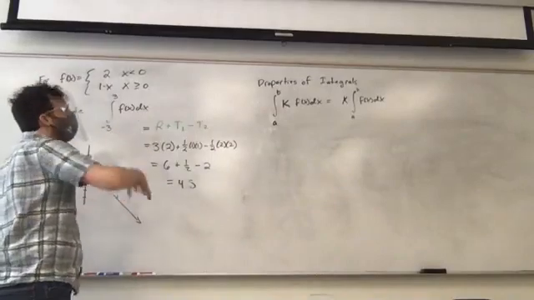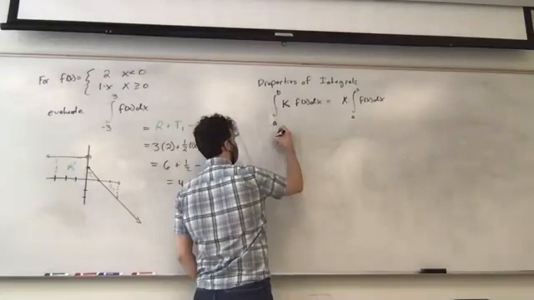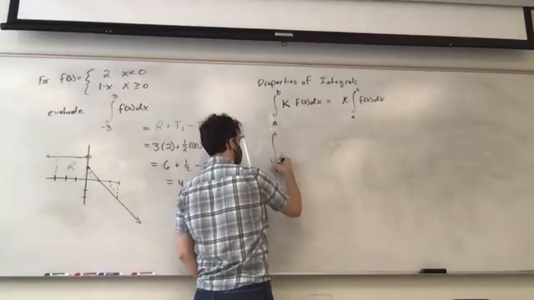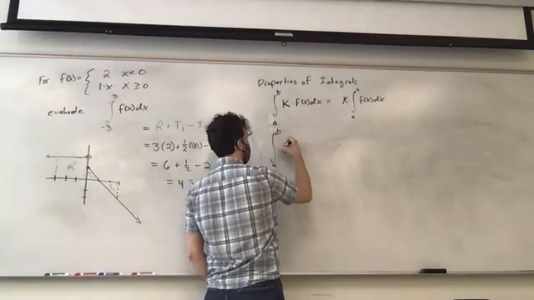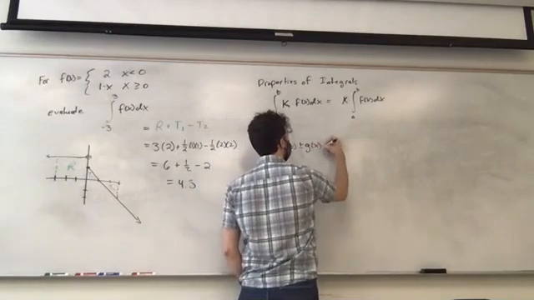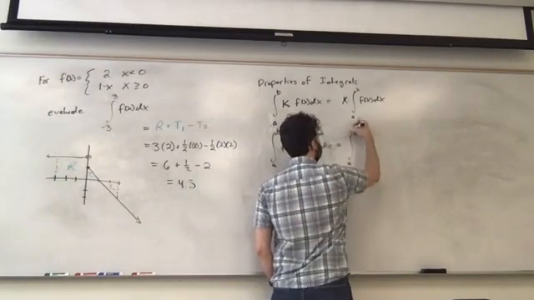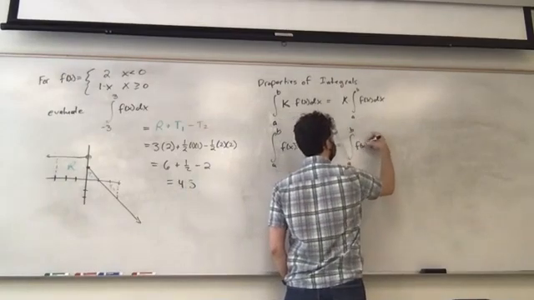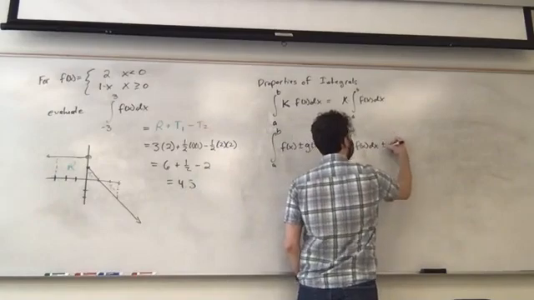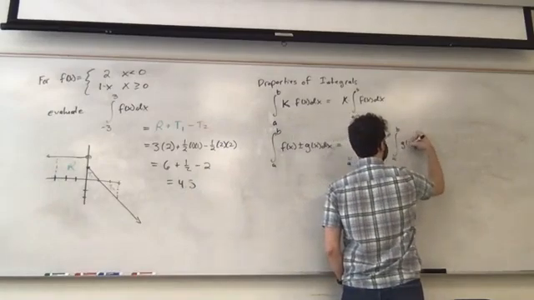That always gets paired with another property, which says the integral from a to b of some function plus or minus another function is the integral of the first function, and then add or subtract the integral of the second function.